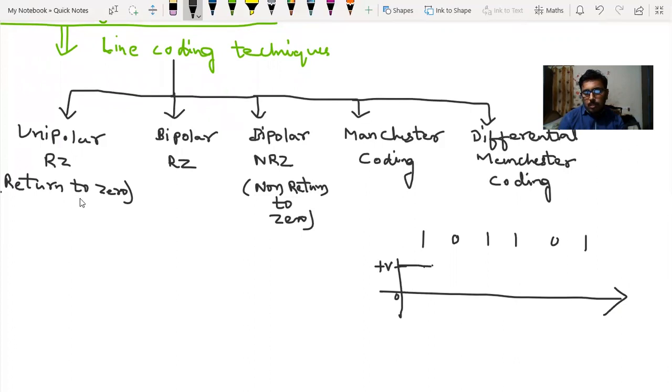So this is what we are going to see in terms of the general unipolar.